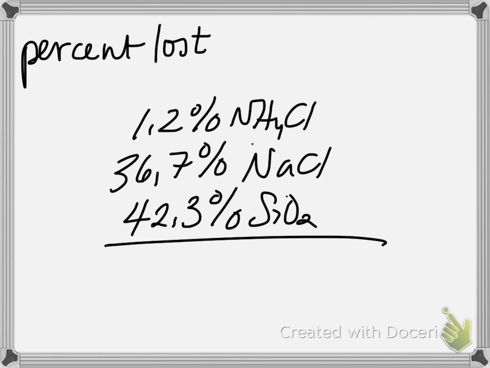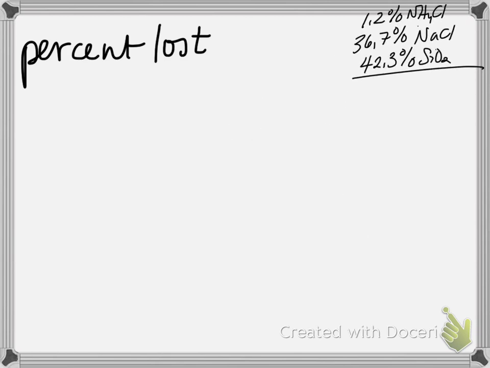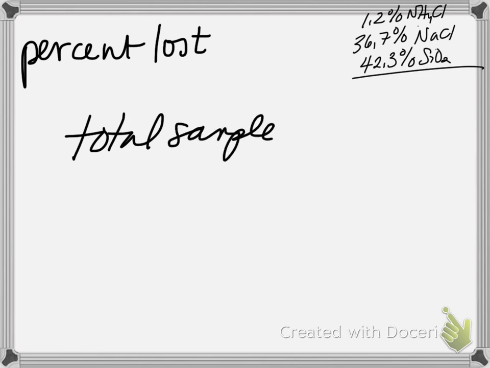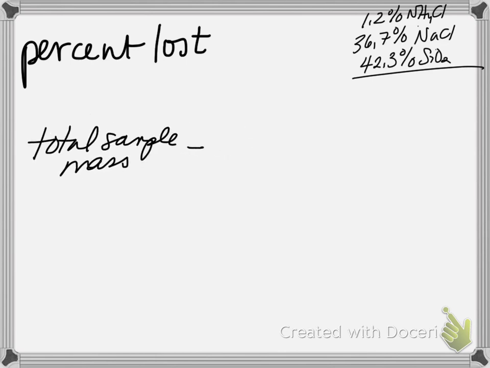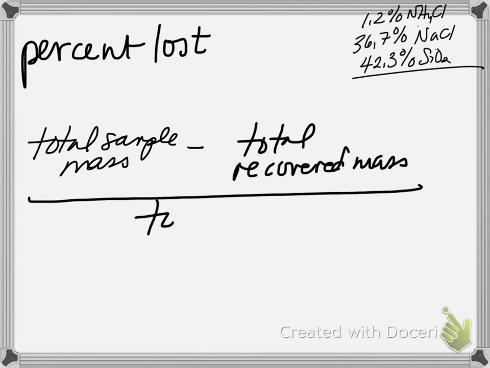Because what you need to do for percent lost is figure out what mass of sample. So you're going to take total sample mass minus total recovered mass, and you're going to divide by total sample mass.